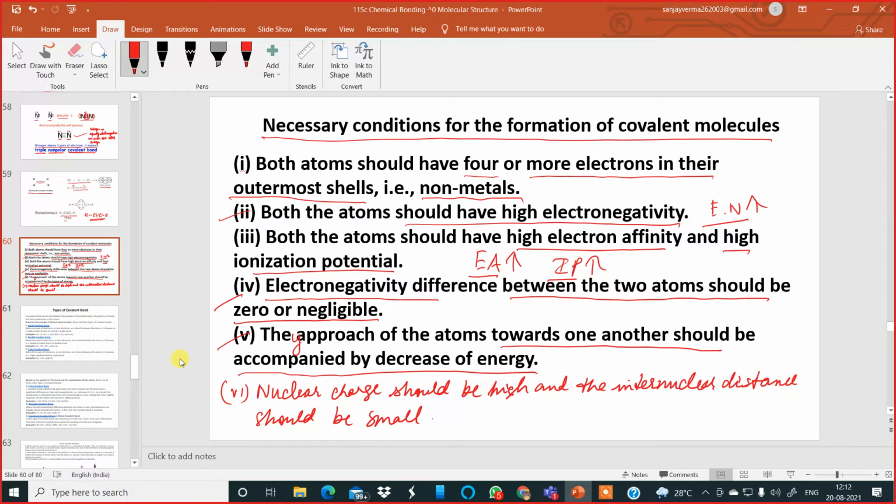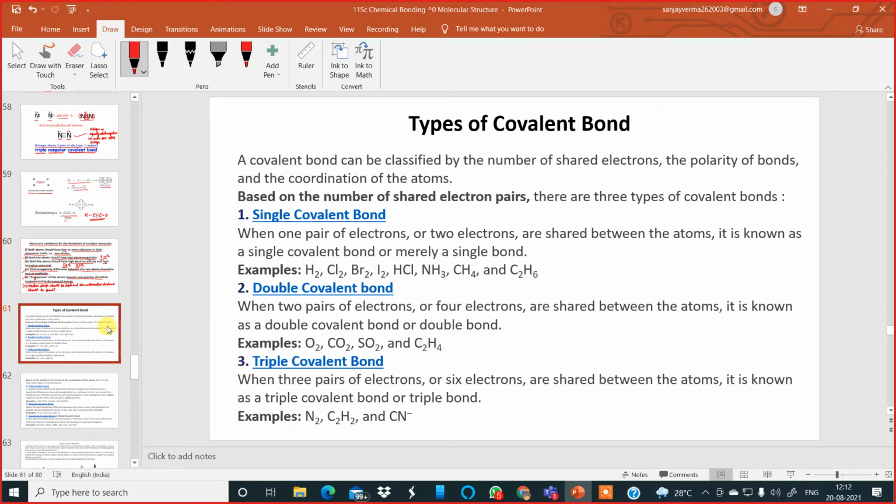Okay. Now let us look at the types of covalent bonds in our next slide. As I've shown you examples in the previous classes and today also, covalent bonds can be classified by the number of shared electrons, the polarity of bonds, and the coordination of the atoms.